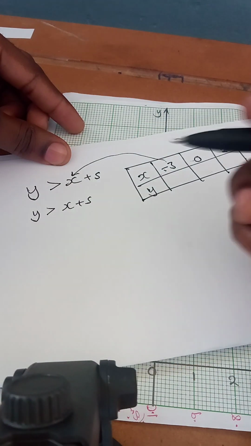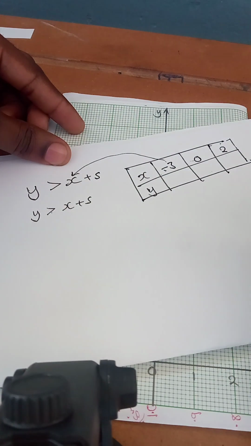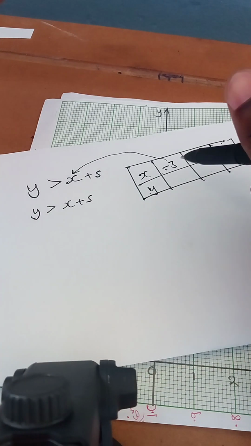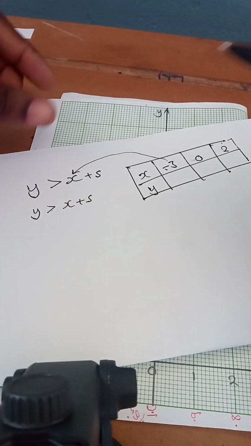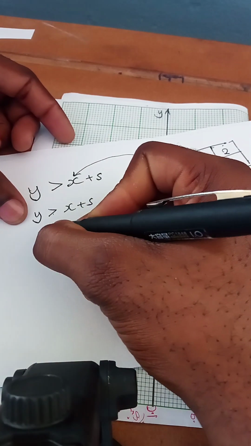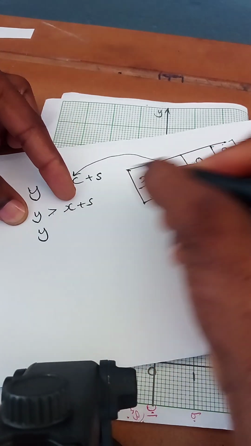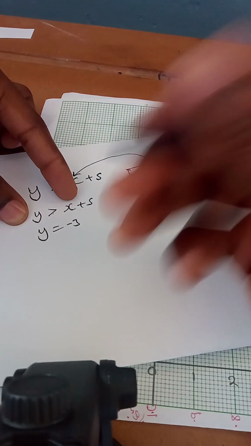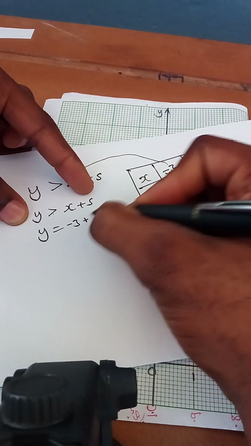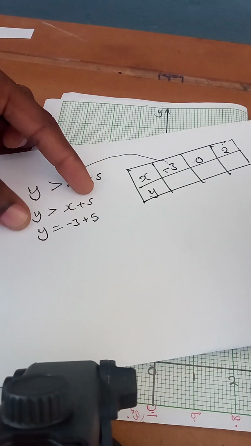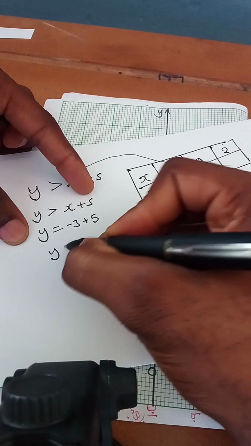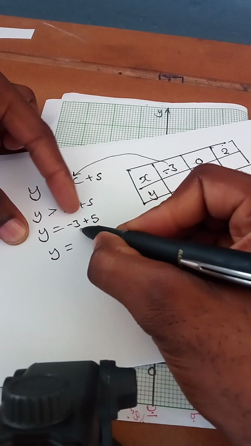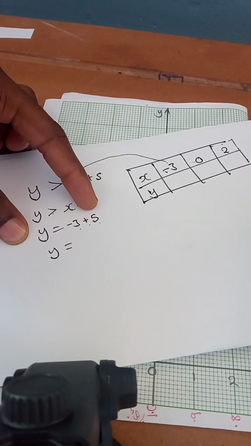In this case, you can even use an equal sign there, because you are just trying to find the corresponding y value. So where there is x there, you can put -3. So for now, let me just use an equal sign, plus 5. So now you have y is equal to -3 plus 5.